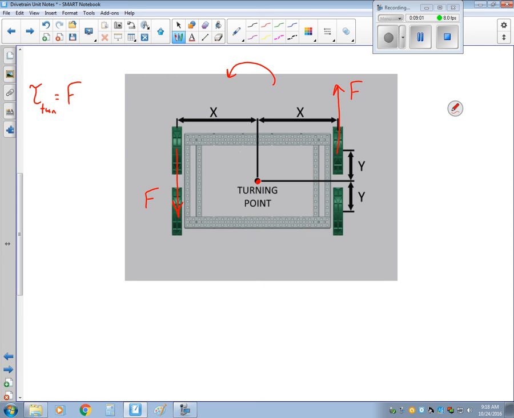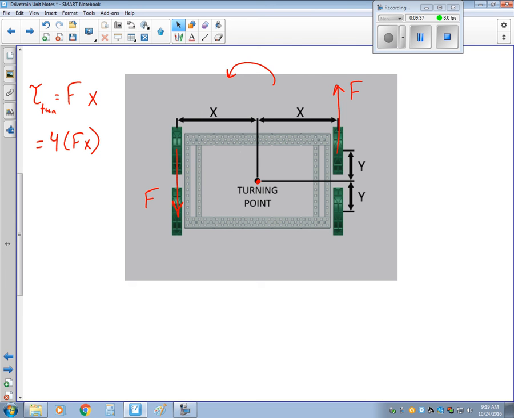Now we need a force times a lever arm distance. So we need a lever arm distance that is perpendicular to the force. And we see that that's going to be that value, x. Now we have 4 wheels, so the total torque would equal 4 times this F times x. That would calculate for us the total amount of torque that we have available to turn this robot.